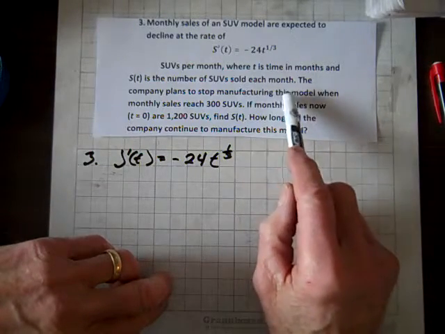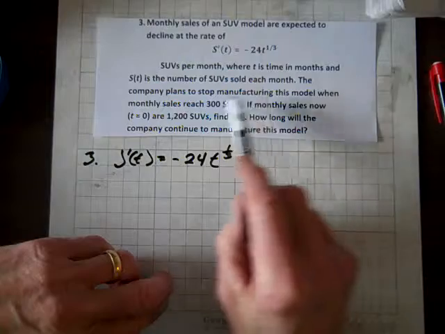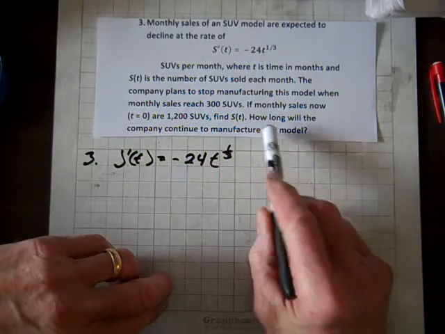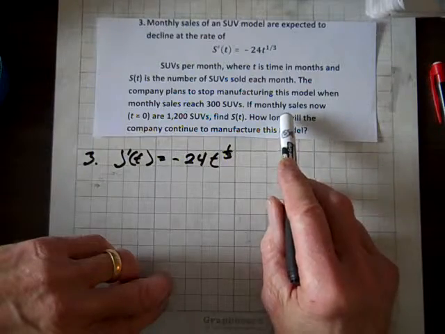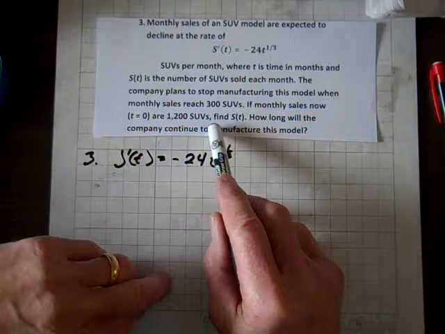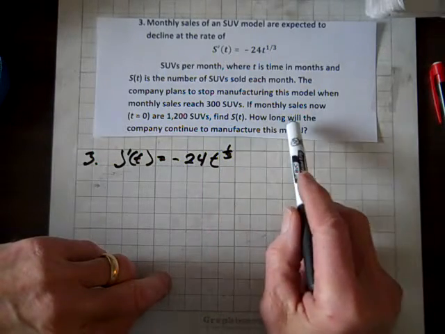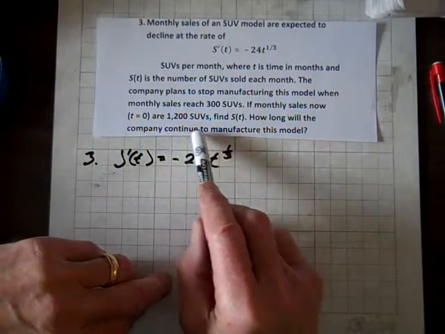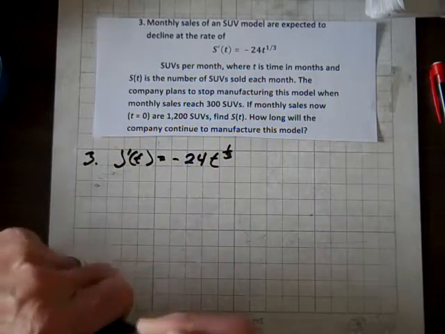The company plans to stop manufacturing this model when monthly sales reach 300 SUVs. If monthly sales now, at time equals 0, are 1,200 SUVs, find S of t. How long will the company continue to manufacture this model?